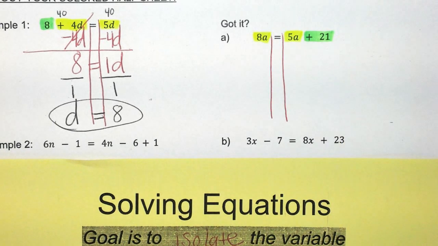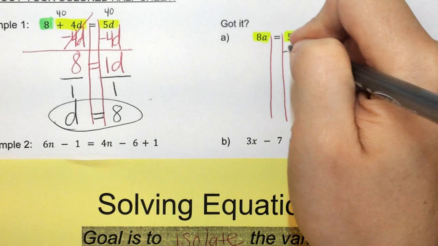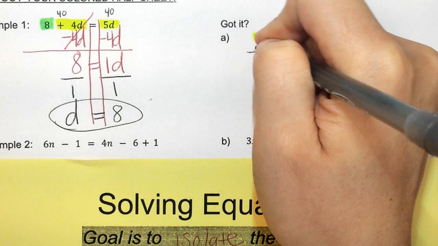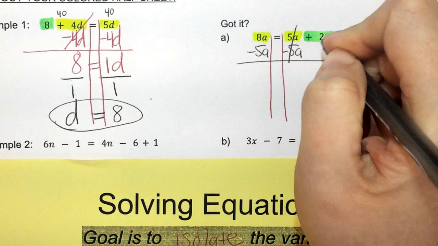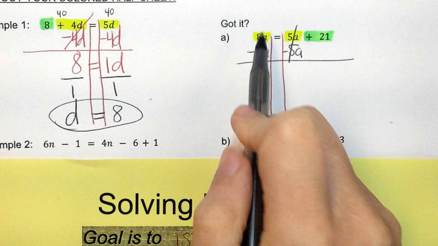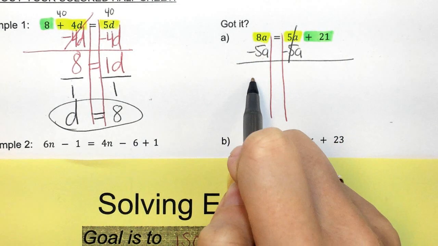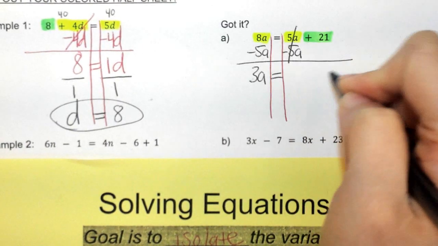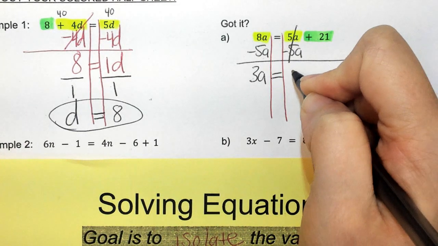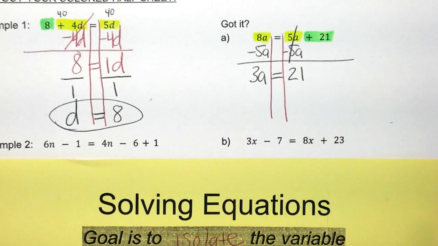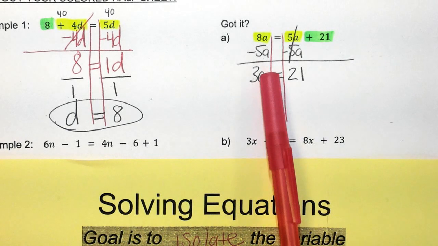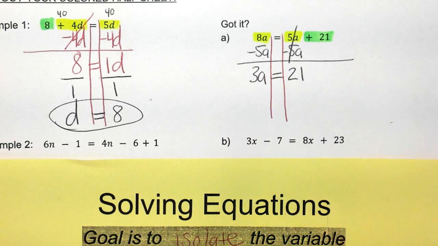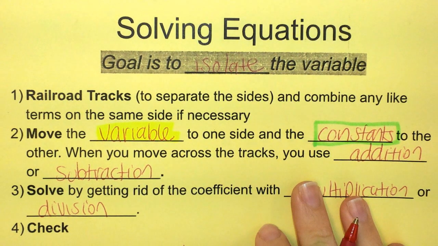So subtract, great. So I'm going to do minus 5A, minus 5A. When I do that, Braden, 8A minus 5A is 3A. On the right side, Raylan, what do I have left? 21. At this point, I have all my variables on one side, all my constants on the other.